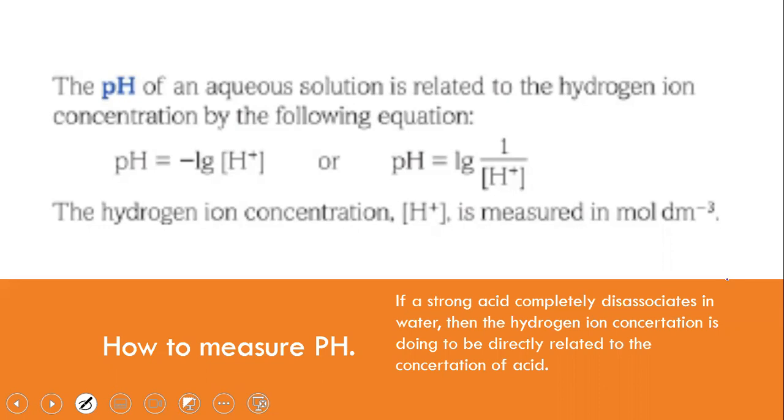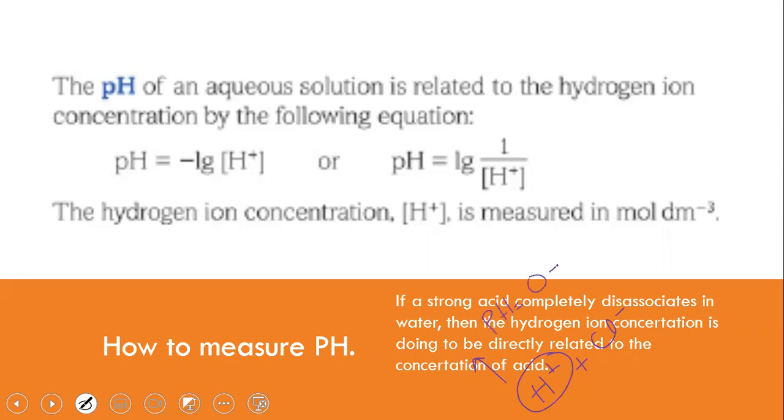Think about it this way. A strong acid is going to have a high concentration of hydrogen ions. Since it has a high concentration of hydrogen ions, the pH we get is low.